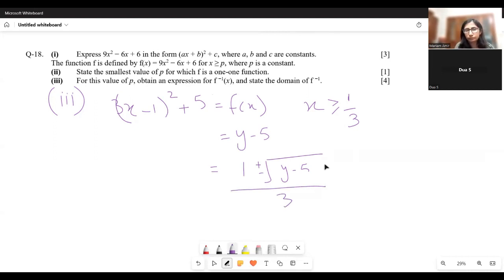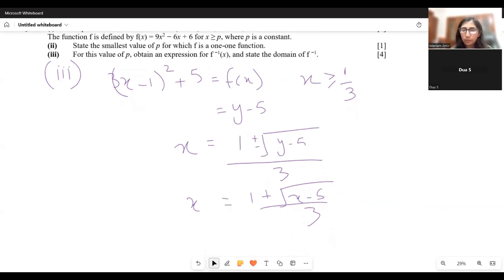Then it's going to be x equals 1 plus square root of x minus 5, over 3. Let me check 18 part 3. Why did I take the minus sign?